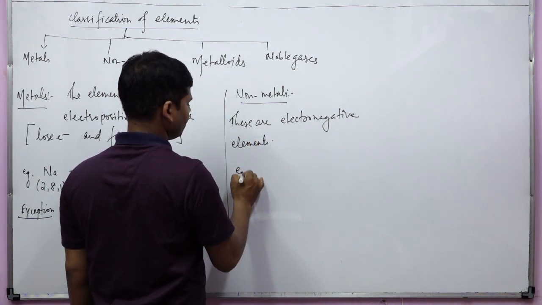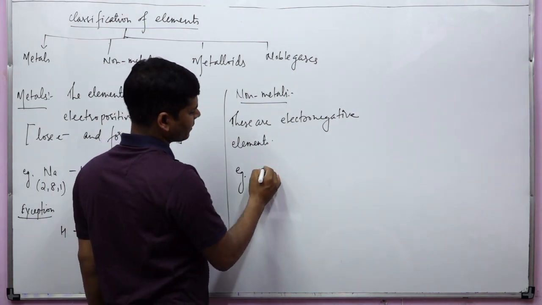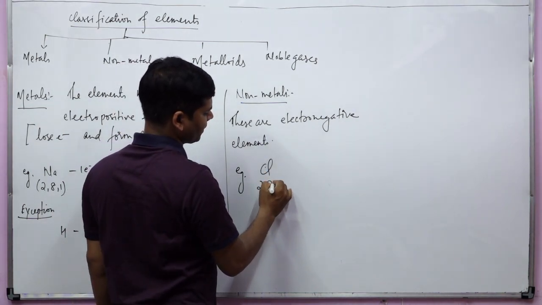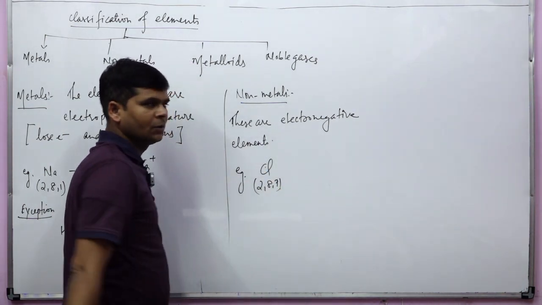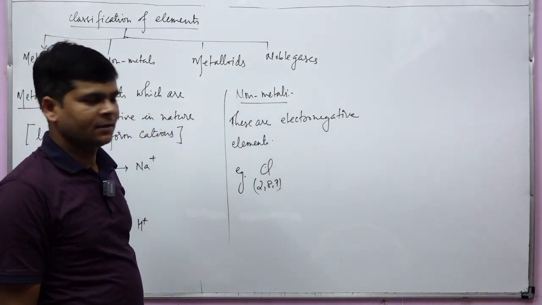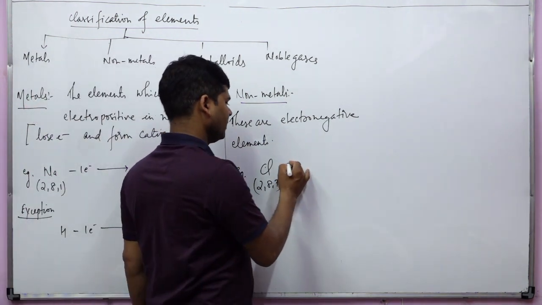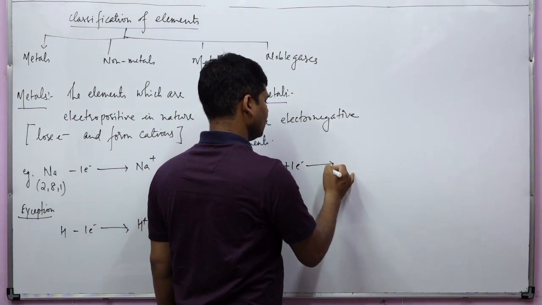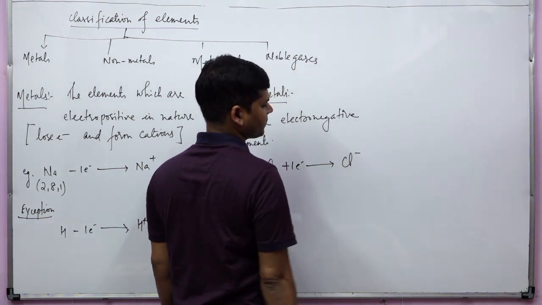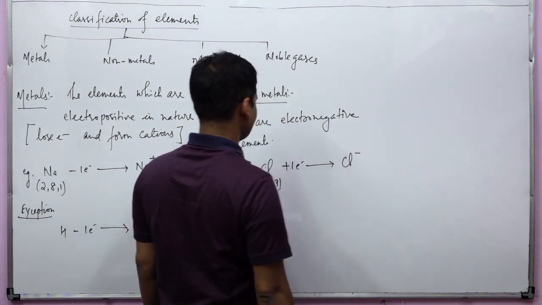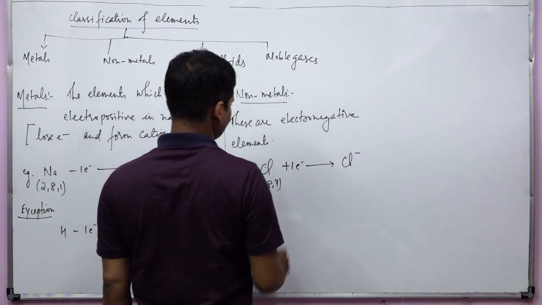For example, you take chlorine. Electronic configuration is 2, 8, 7 and it gains one electron and develops a minus charge, or an anion.